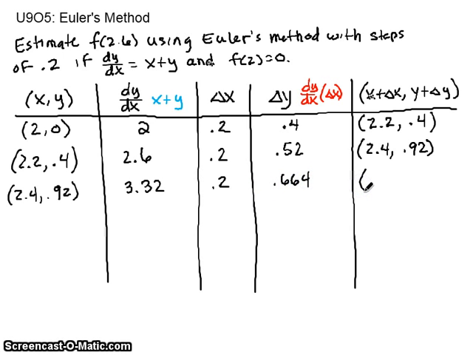Then we add the change in x and the change in y to the x and y values, and we get 2.6, comma 1.584. So we have approximated 2.6 using Euler's method, and f of 2.6 is approximately equal to 1.584.